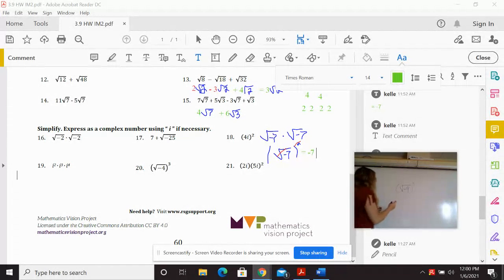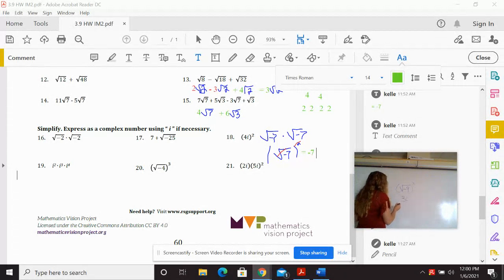There are a couple different ways you can do it, and you'll get the same answer. One way you can do it is, okay, ignore the cubed for a second. What is the square root of -9? The square root of -9 is 3i, right?